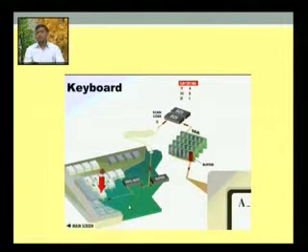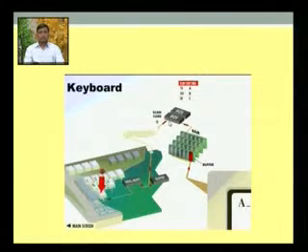Inside the keyboard we have a key matrix, and that key matrix is attached to the IC of the keyboard. That IC is attached to the buffer. So when we press any key, first of all it is stored inside the buffer of our keyboard. After the buffer, it follows our cable, which is attached to our CPU.